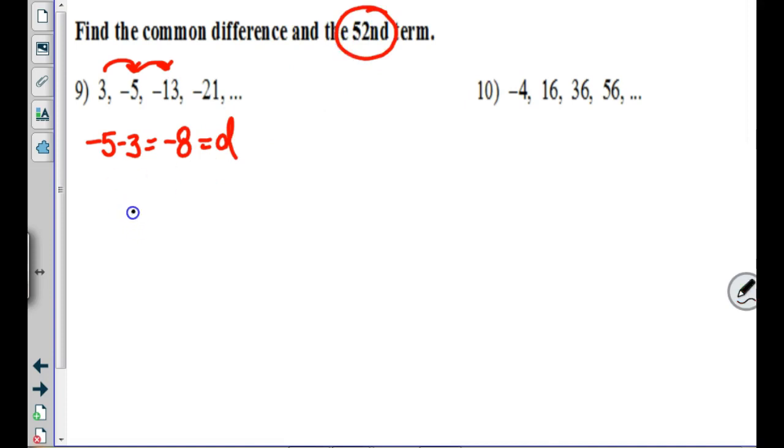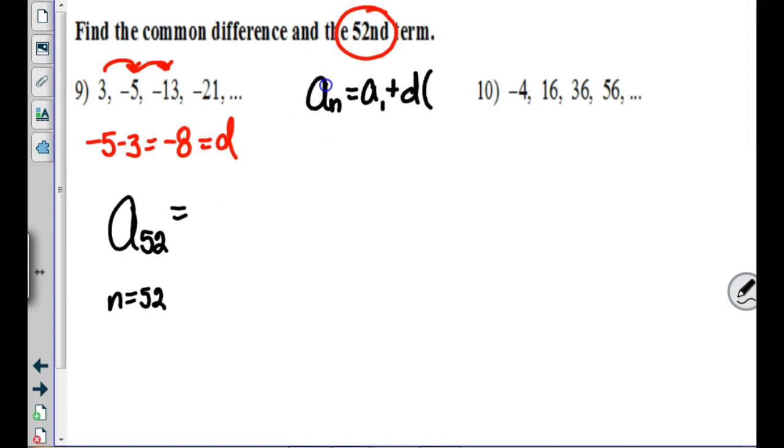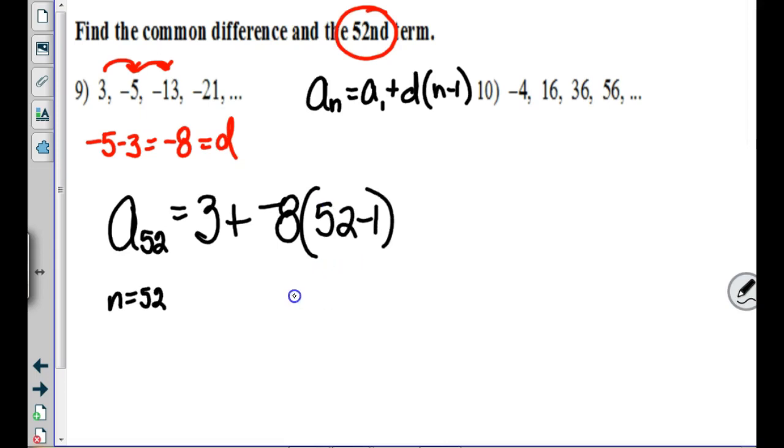Yeah, if we take a sub 52, we just made n 52, right? So the first term, the formula looks like this. What's the first term? 3 plus the difference, which is negative 8, times 52 minus 1, if you want to write it that way in your notes, but it is 51 times a negative 8 plus 3.